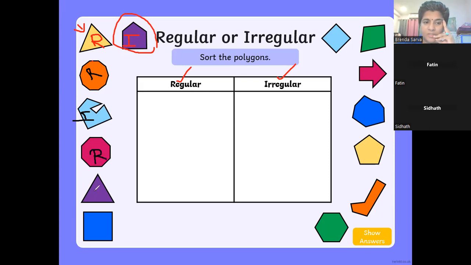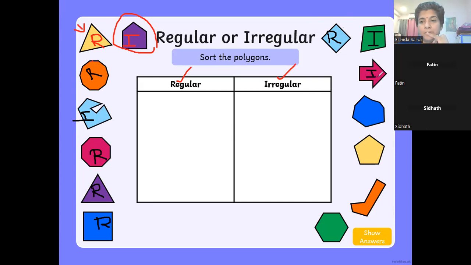Siddharth, this triangle? Regular. Very good. How about the square, Fatin? Regular. Okay, good. And then this one, the diamond shape here, Siddharth? Irregular or regular? Regular. Okay, good. And then how about this trapezium, Fatin? Irregular. Good job.